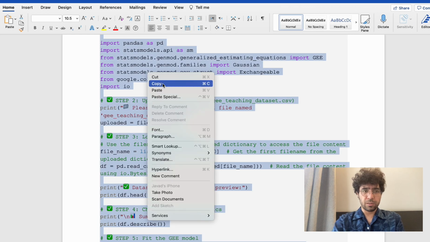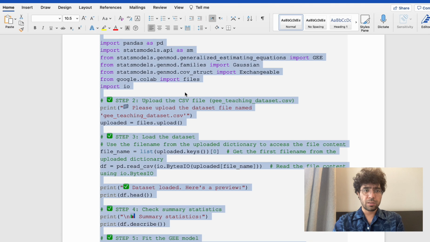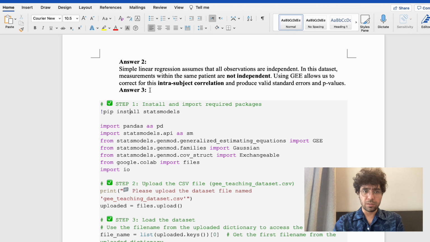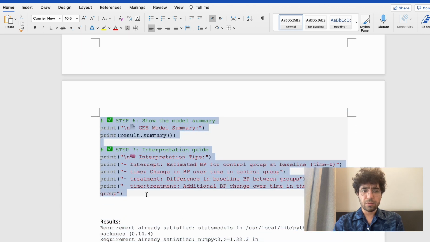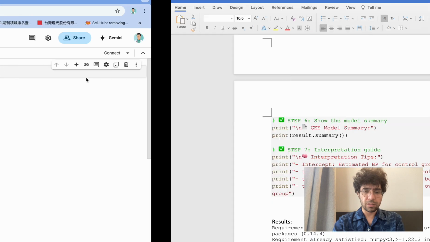We didn't copy this properly, so maybe we do this. It's not pasting, not sure why. Let me double check if it is possible to paste this here.